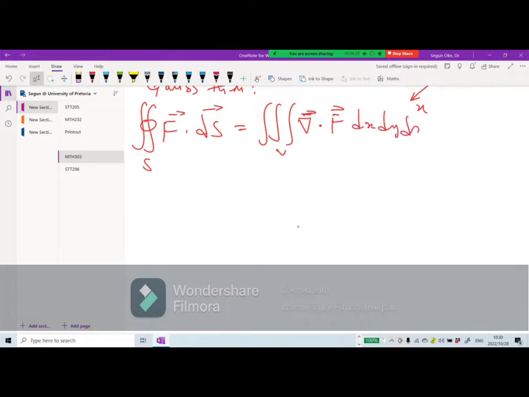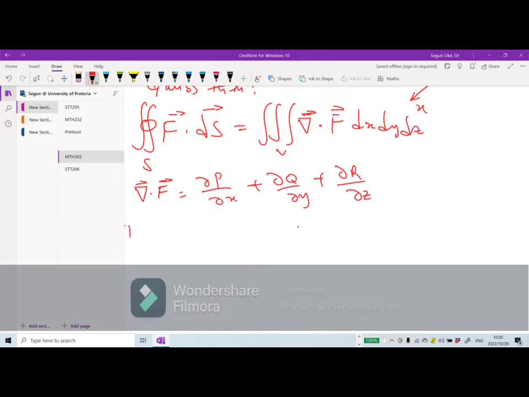We can first of all solve the divergence of F, which is the same thing as the partial of P over x, plus the partial of Q over y, plus the partial of R over z.